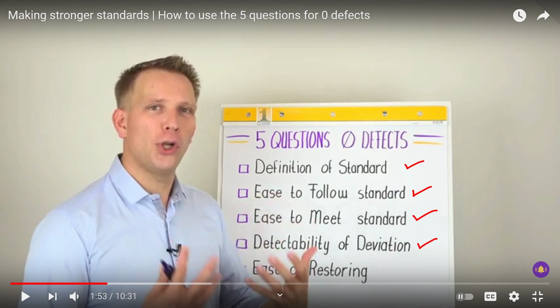Then is it easy to detect that there's been a deviation from the standard? And finally, is it easy to restore the standard? Now, what all of these things are doing isn't just about saying, okay, you've written something that everybody can understand. Now, have you put it at the point of activity? Have you visualized its status so that if you are violating the standard, everybody can see that? So the detectability of the deviation.